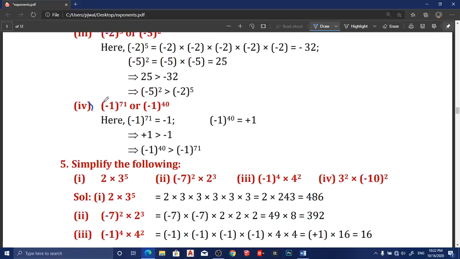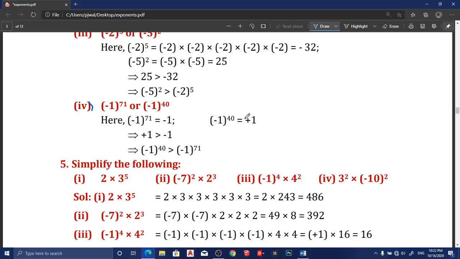See this last number, I already told you, this is the power of negative numbers. So here what is the power? 71 is an odd number, so that's why you will get here minus 1. Here 40 is an even number, so you will get plus 1. So in between minus 1 and plus 1, which one is greater? Always the positive number is greater.